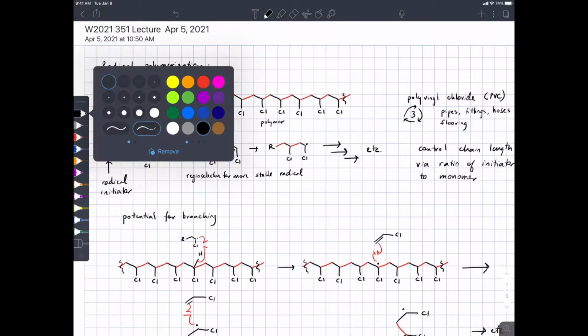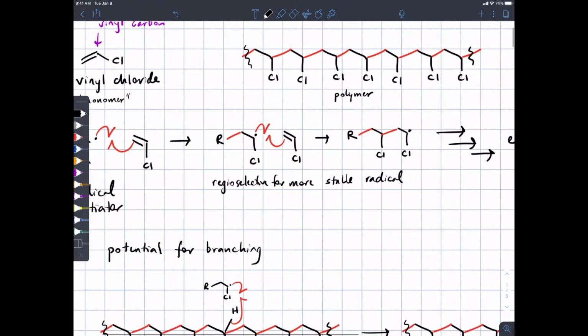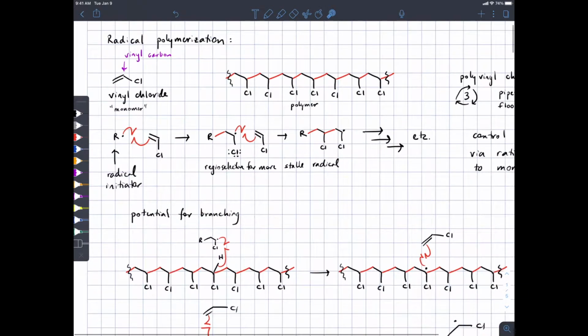In particular, though I haven't shown that here, lone pair electrons on the chlorine can stabilize that radical by resonance. There's a resonance structure you could draw in which there would be a pi bond here and an unpaired electron on the chlorine. Then that resulting radical can attack the pi bond of another vinyl chloride.